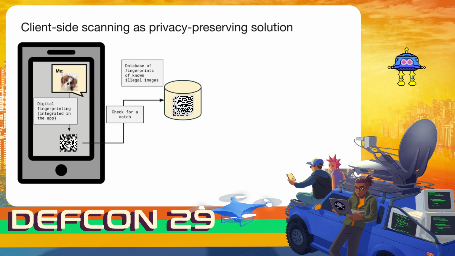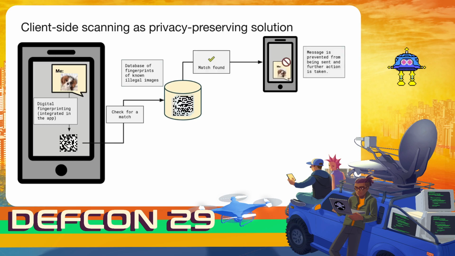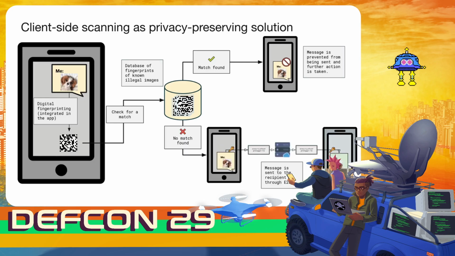This fingerprint would then be checked for a match against a database of already known illegal images. If a match is found, the message is prevented from being sent and some further action is taken. But if no match is found, then you can send the message as usual. Basically, it's encrypted and then sent.